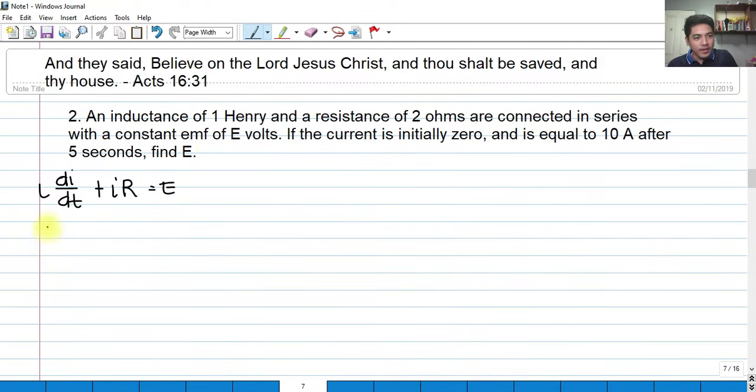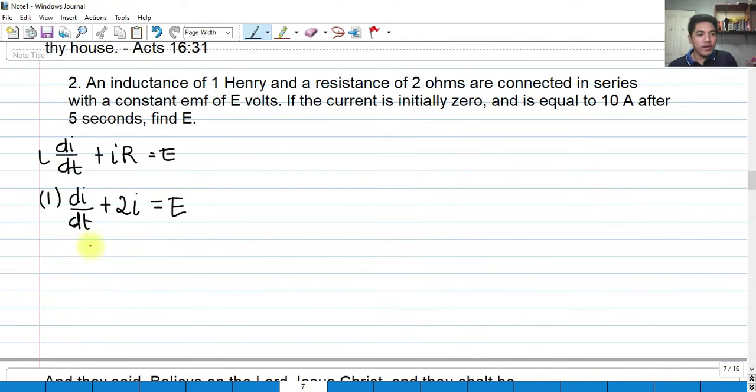We have 1 Henry, that is the value of our L, times di over dt, plus we have 2, because R is equal to 2, and I is changing with respect to time, so we simply write I, and now equal to E. So we have a differential equation of di/dt plus 2I is equal to E. If we are going to solve this, we have di/dt is equal to E minus 2I.